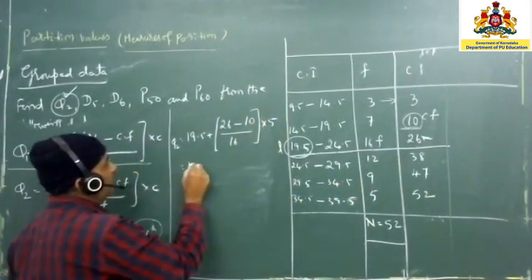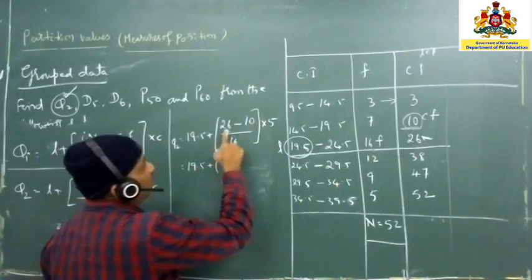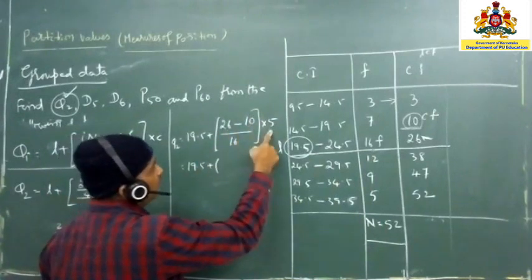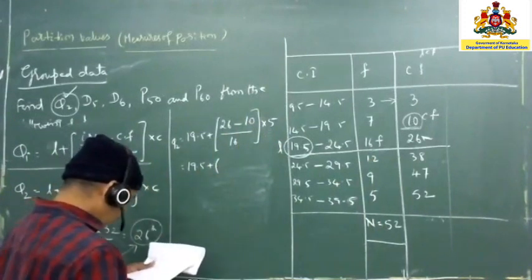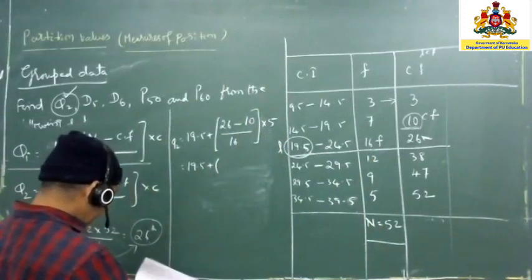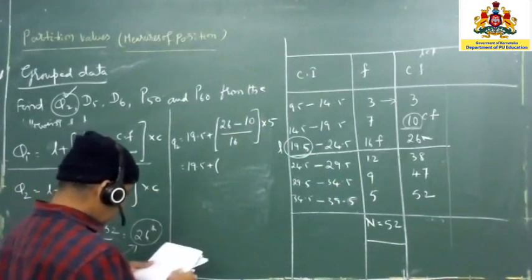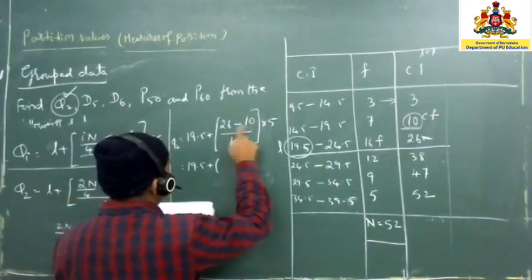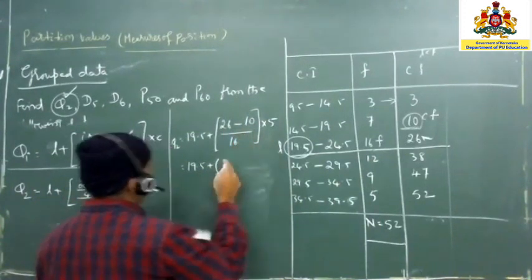Now we will calculate it. 19.5 plus, directly, 26 minus 10 is 16. 16 times 5 is 80. 80 divided by 16, if you divide it, you get 5. 16 and 16 get cancelled and 5 remains as it is.